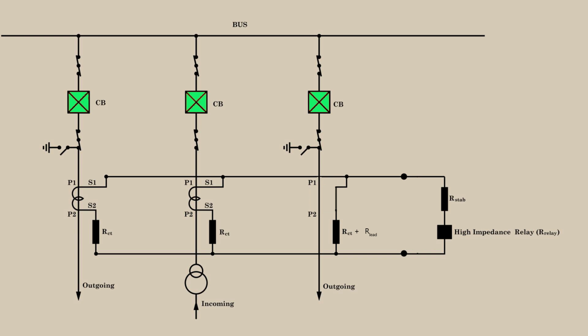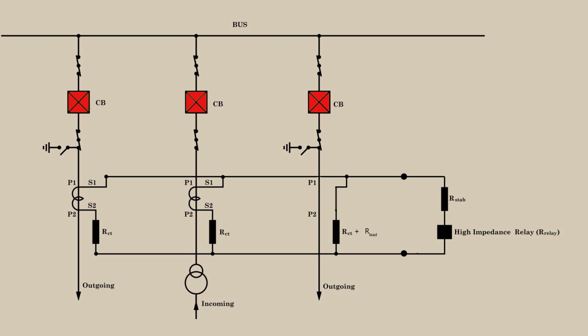But in the case of a through fault, we only need to trip the circuit breaker of the faulted feeder, not all the breakers. To prevent this, we set the operating voltage of the relay above the possible voltage developed during CT saturation, called the stabilizing voltage. Below this voltage, the relay will not operate.